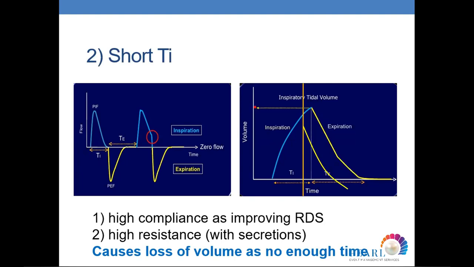Now, if there is a short I-time, usually, until proved otherwise, this is high resistance. There are secretions, and you need to go and do suction. Or, initially in preterm babies, when you give surfactant, after improvement of the compliance, you need to increase the I-time at that time. So it is high compliance, improving RDS, or high resistance that needs suction.